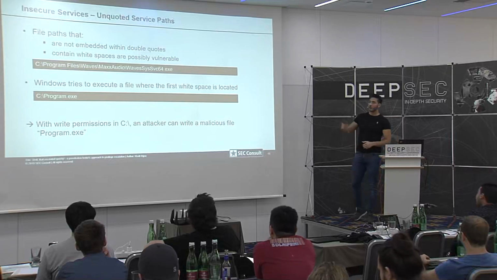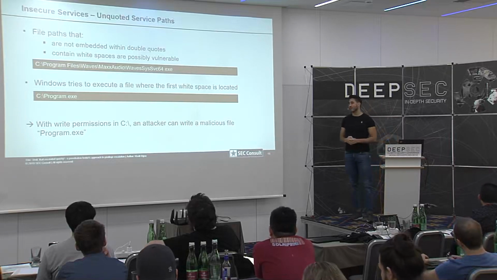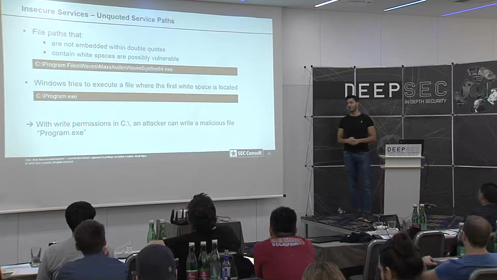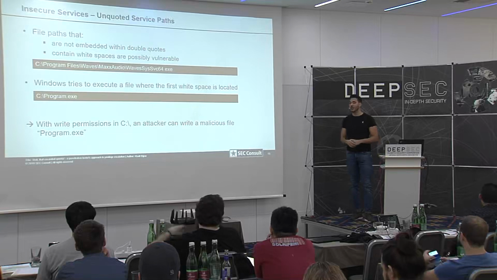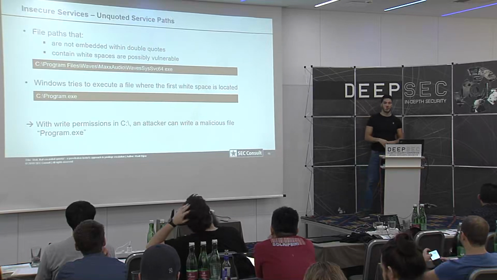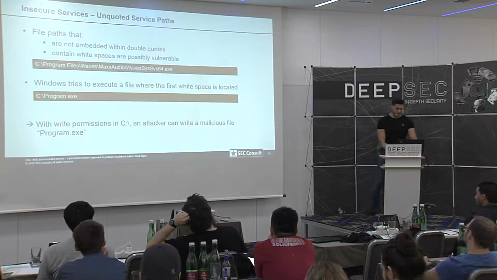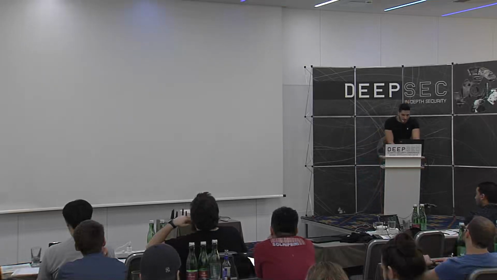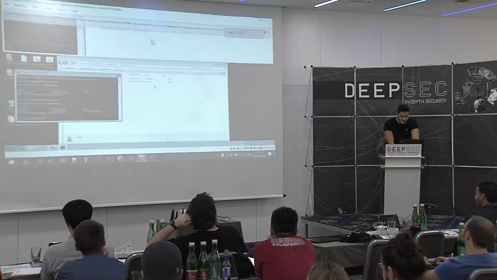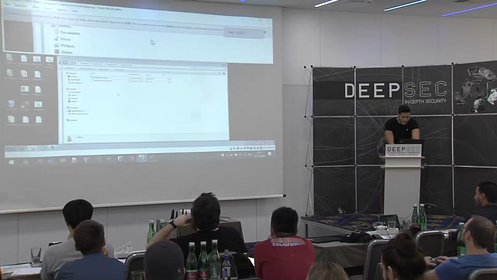The problem with this vulnerability is that it's unlikely that you find a path where you have write access. So under C, you can create directories, but you cannot create any files. But for demonstration purposes, how does such an attack look like?